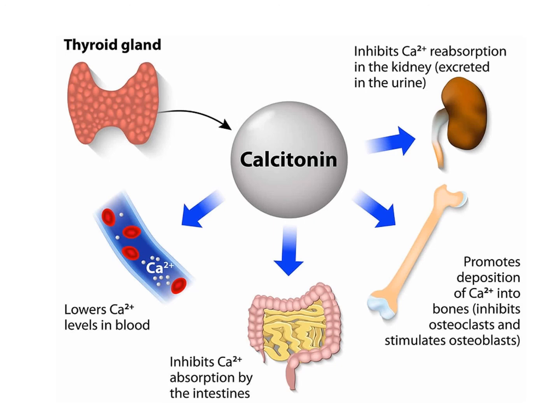You have vitamin D that's absorbing calcium into the bloodstream from the gastrointestinal tract. You have calcitonin trying to keep serum calcium levels in check by stopping absorption, by stopping the bones from breaking down, and by allowing more excretion of calcium in the kidneys. So it's really just all about calcium metabolism and maintaining homeostasis.